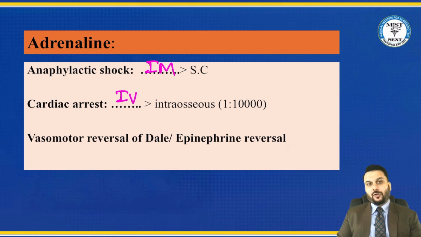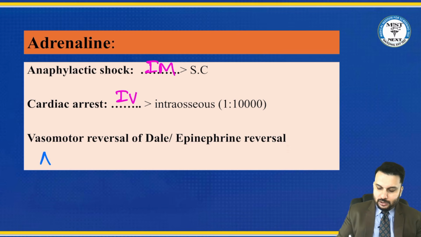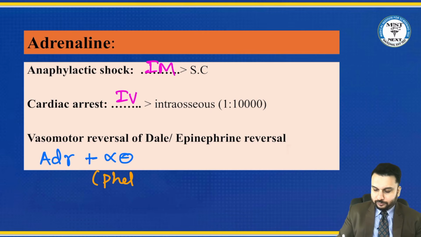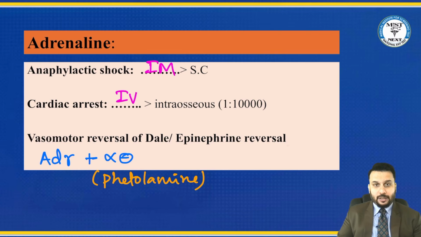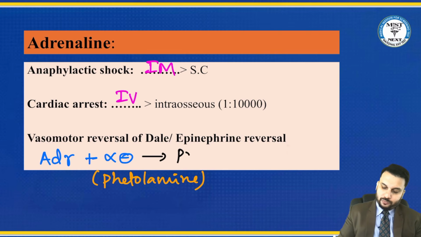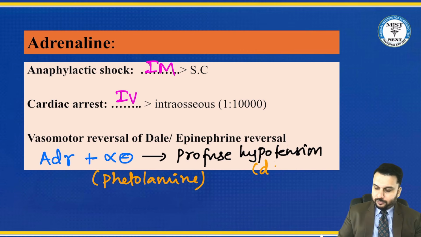And there is something called vasomotor reversal of Dale. What is happening in vasomotor reversal of Dale? If you give adrenaline plus alpha blockers, example phentolamine, phenoxybenzamine, something like that, it will lead to profuse hypotension, due to beta 2 receptor.